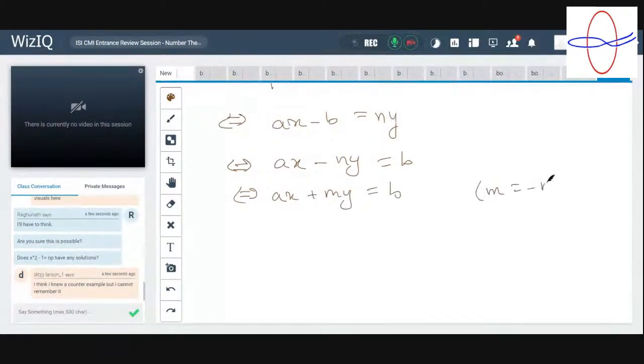At this stage, m is minus n, which is a Diophantine equation, which we already know how to talk about. So let's forget about this step and let's just work with minus and y instead. Easier to work with.